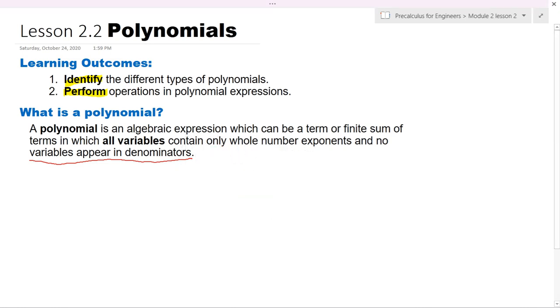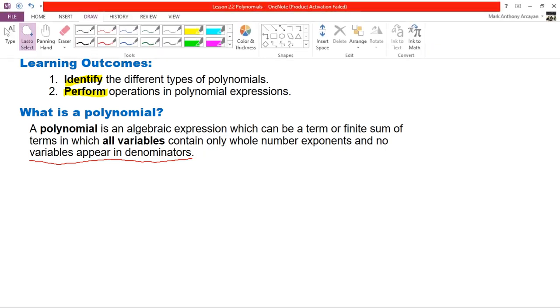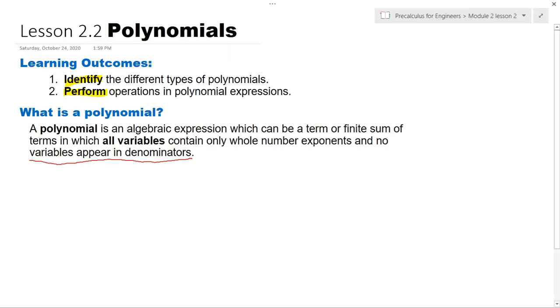So a polynomial expression can be simply written as the collection of all terms a sub n times x raised to n. The terms are in descending order of degree of exponent.